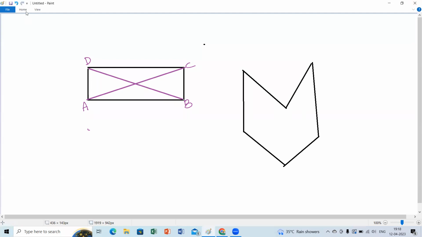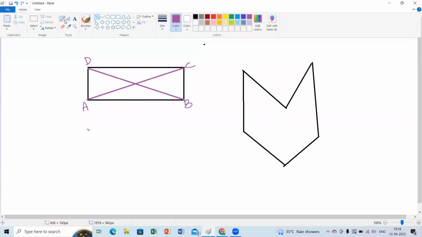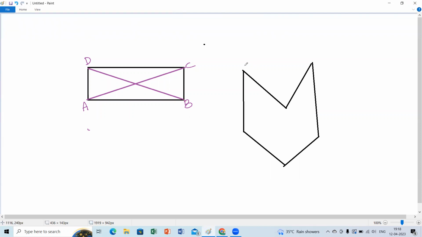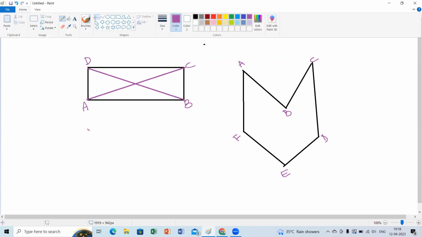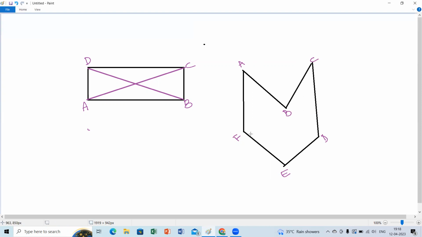Let me go with another example. Suppose this is A, B, C, D, E, F. In what way can I draw the diagonals here? Can I draw a diagonal like F and D? Can we make F and D a diagonal?